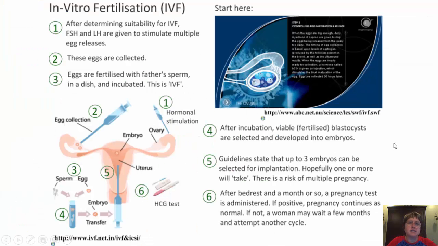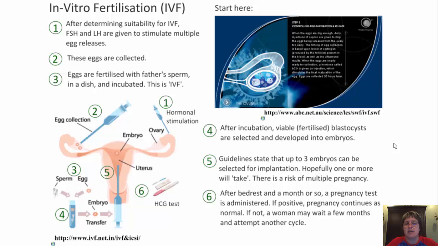All right, so what does IVF mean? First of all, a doctor would need to determine if the man and the woman are suitable for IVF, and if so, then we would give FSH, follicle stimulating hormone, and luteinizing hormone, LH, to the female to stimulate multiple eggs to be released at one time.